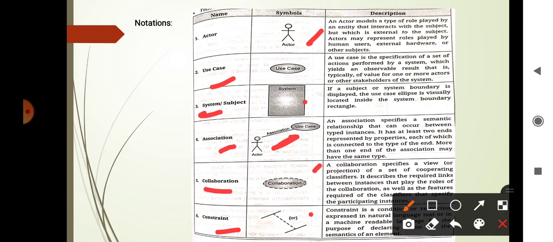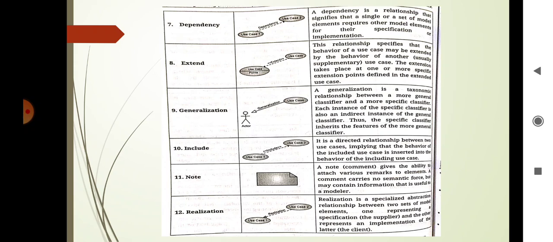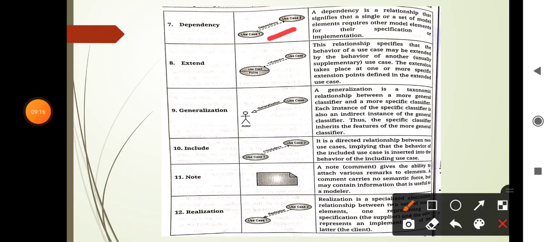A constraint is a condition or a restriction expressed in natural language text or in a machine readable language for the purpose of declaring some of the semantics of an element. Then dependency: this is the symbol for dependency. We have already seen the symbols. A dependency is a relationship that signifies that a single model element or a set of model elements requires another model element.